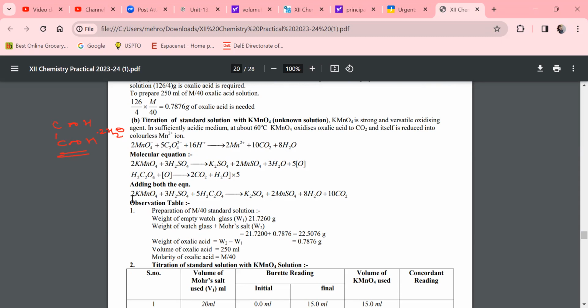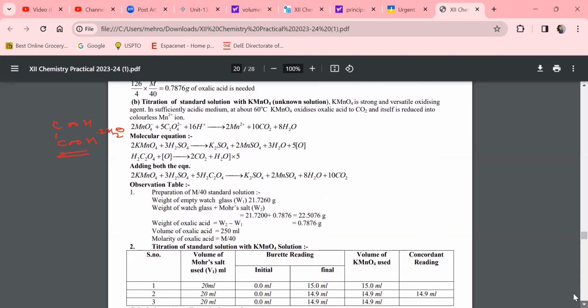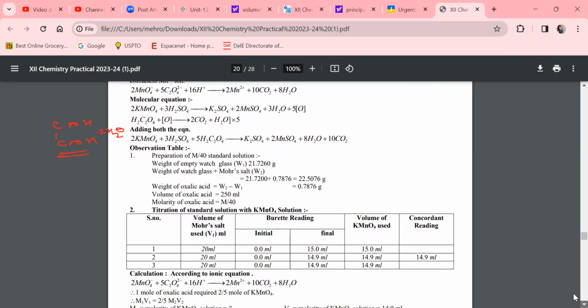So you can write 2KMnO4, 3H2SO4, 5H2C2O4. It is oxalic acid. You can write it in any form. Okay. And KMnO4 will be changed into MnSO4. You should know about the oxidation number in both cases, and in all three media, at least you should know which ionic form KMnO4 will change into.